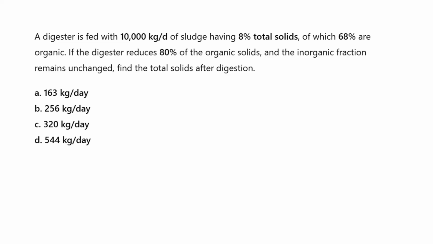That is nothing but 0.32, plus this 0.68, which is your volatiles that are not eaten by the microbes. 0.68 into 0.2, because 80% of the organic solids are eaten up by the microbes, or destroyed in the digestion process. So that's how that comes.